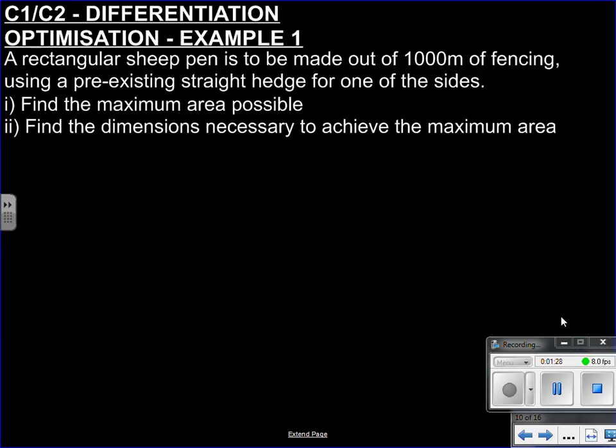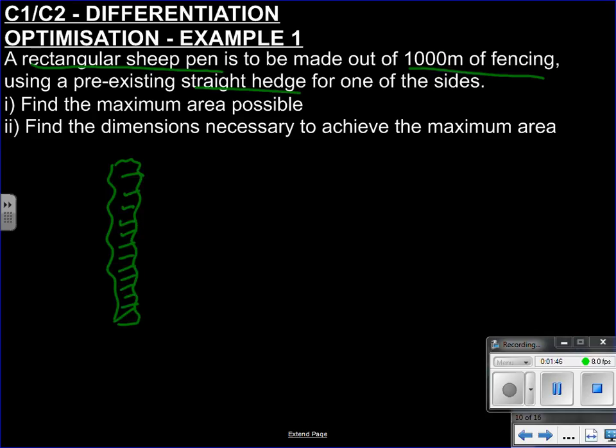Go for an example. So it says a rectangular sheep pen is to be made out of 1,000 meters of fencing using a pre-existing straight hedge for one of the sides. So what's that saying? There's a hedge, doesn't matter how long it is, right? And it's saying a rectangular sheep pen is made out of 1,000 meters.